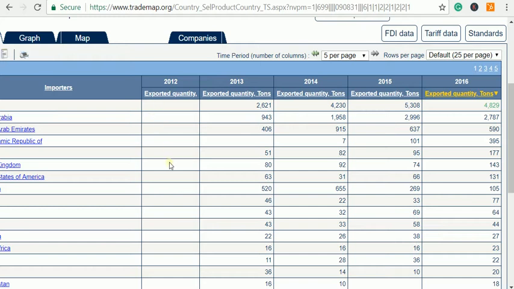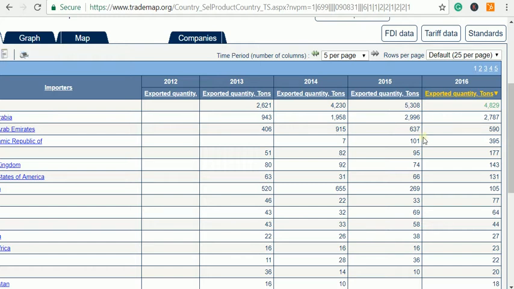It doesn't mean that cardamom was not exported in the year 2012. It could be a very negligible amount, or it was not registered. That was the insight we can get from it. For example, Saudi Arabia, there has been a good growth till 2015 and there is a slight dip in 2016.